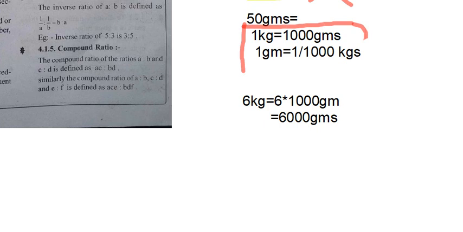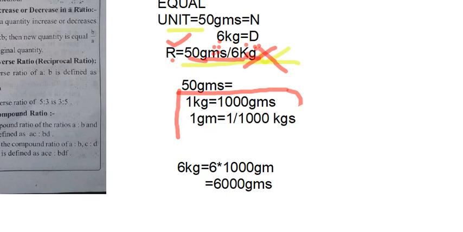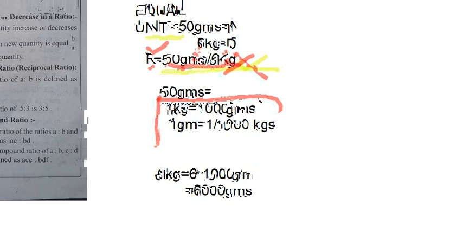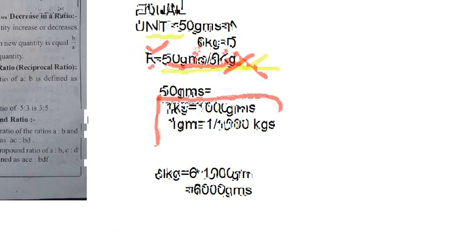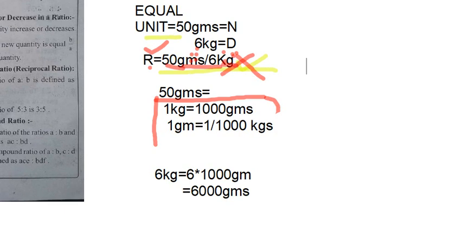Now go to our first beginning question. Instead of 6 kg, I will write 6 kg is equal to 6000 grams, and this is the denominator part.